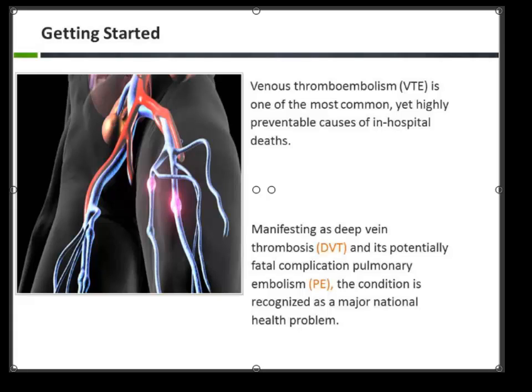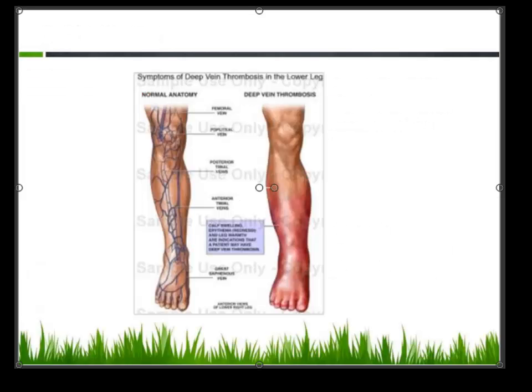VTE includes deep vein thrombosis, pulmonary embolism, and post-thrombotic syndrome. The signs and symptoms of deep vein thrombosis, DVT, are listed in the VTE handout included in this SWANK module.